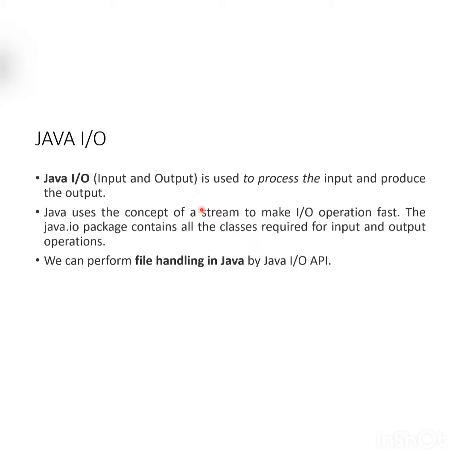Mainly, Java input-output operations are the basic thing. When we come across this tagline input-output, it is going to take some input from the user and produce the output. Basically, the use of a computer is to take the input, process it, and show the output to the end user.